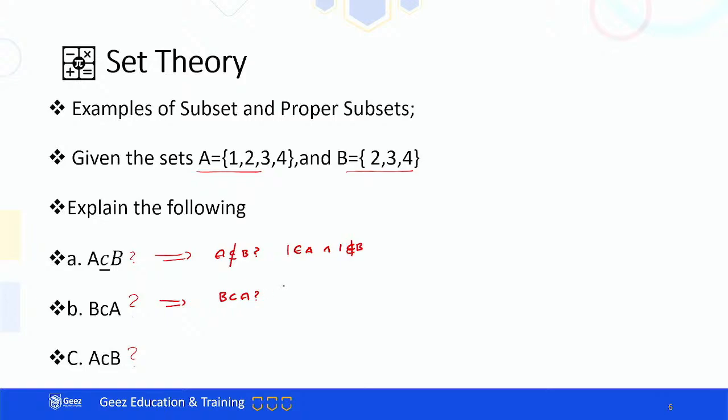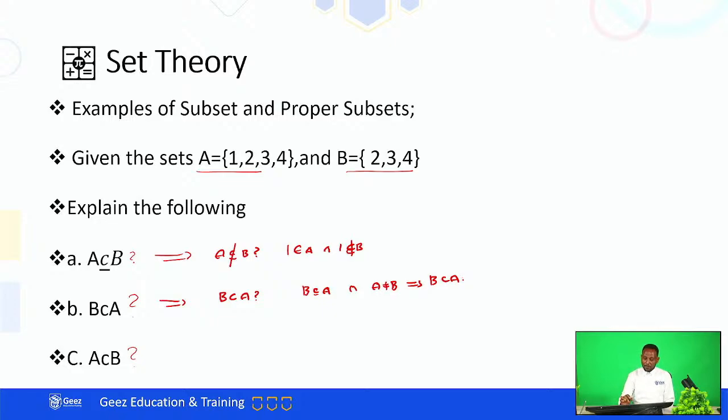From the concept of proper subset, we know that if B is a subset of A and A is different from B, then this implies that B is a proper subset of A. That is the definition. Okay? If B is a subset of A, at the same time A is different from B, then we can say that B is a proper subset of A. Does the question satisfy this concept? Now let's proceed.